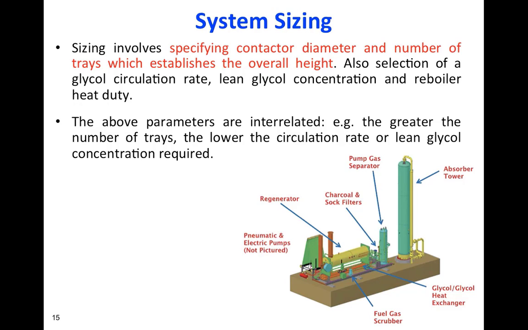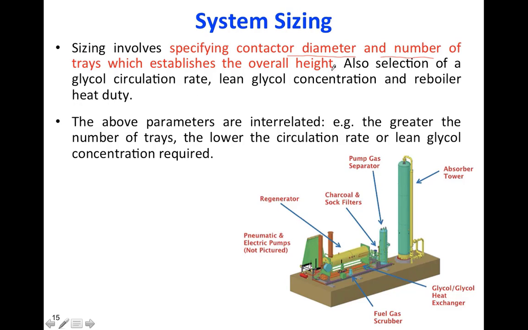Okay, so sizing the system means we have to calculate the diameter of the column. Sizing is all about the number of trays that we need.